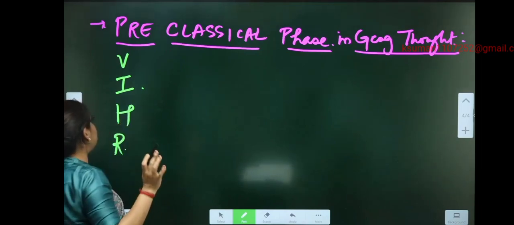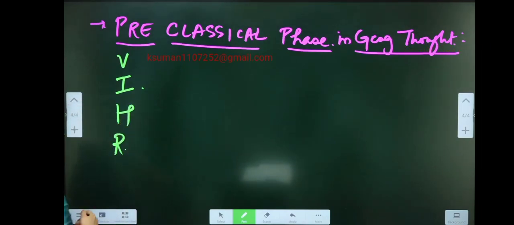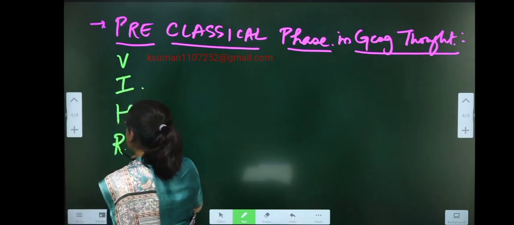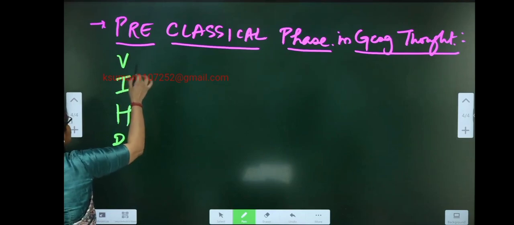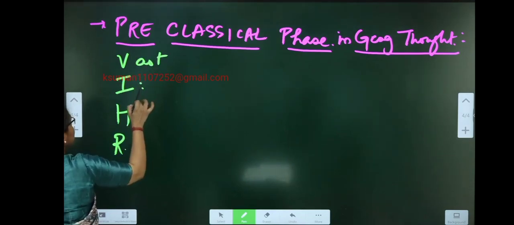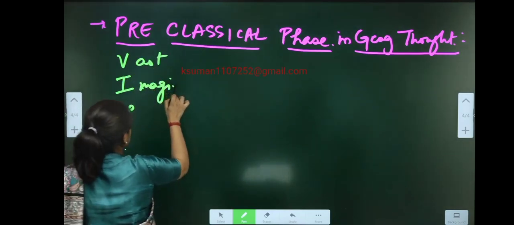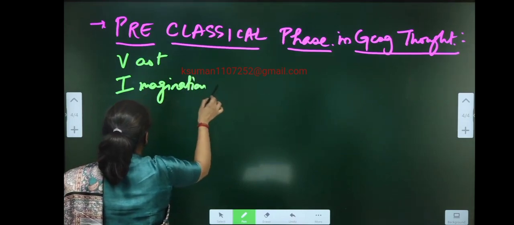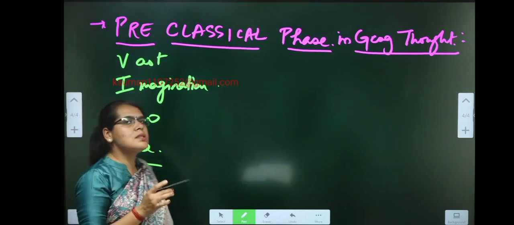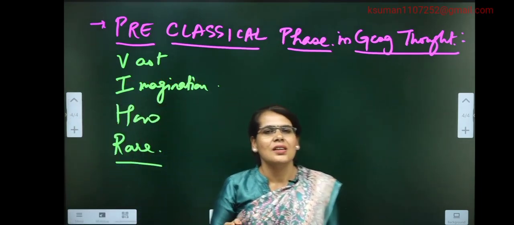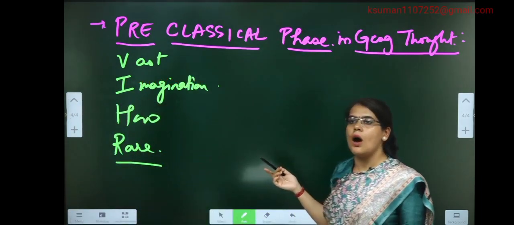Please don't write down, please listen to me first. Okay, so vast imagination, how rare. Now this is the mnemonic. Okay, so vast imagination, how rare.